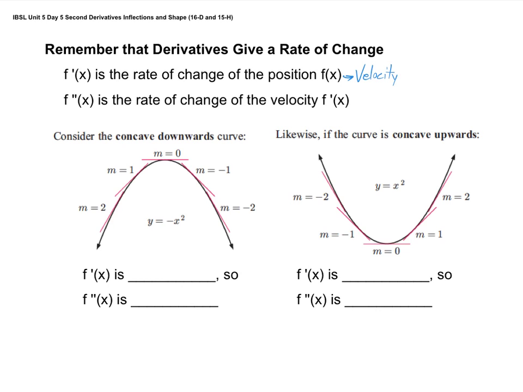The second derivative is the rate of change of the velocity, which we briefly mentioned earlier gives us the acceleration. How is the velocity changing? That is our acceleration. Are we speeding up? Are we slowing down in a particular direction? I sometimes describe it this way. The velocity is telling us which direction we're going.